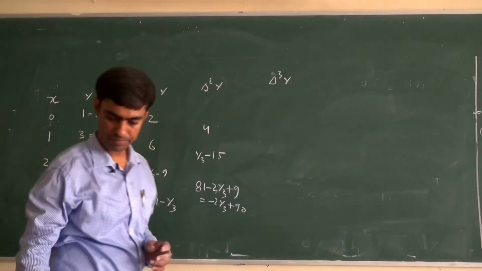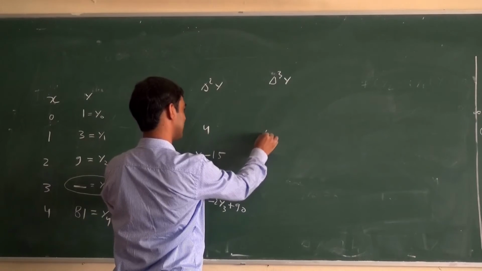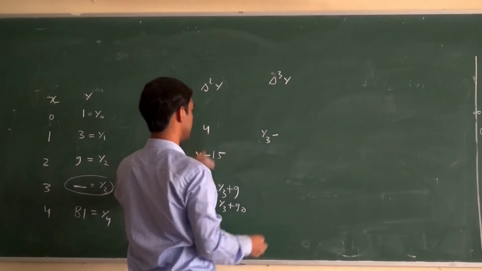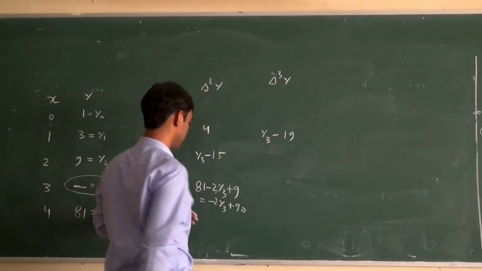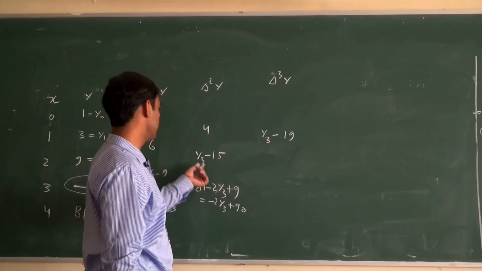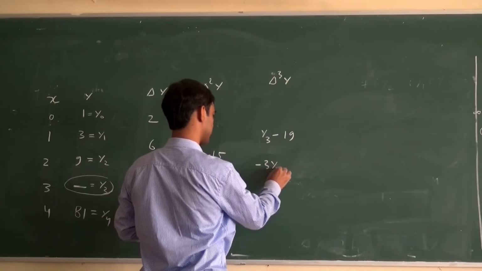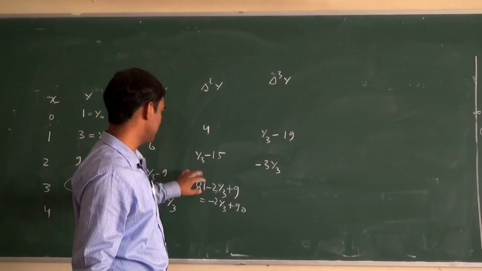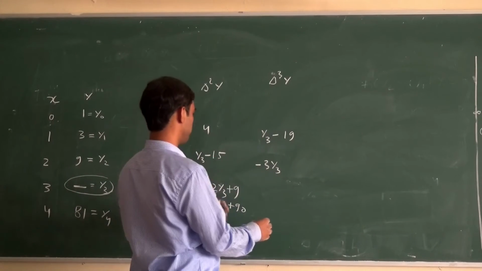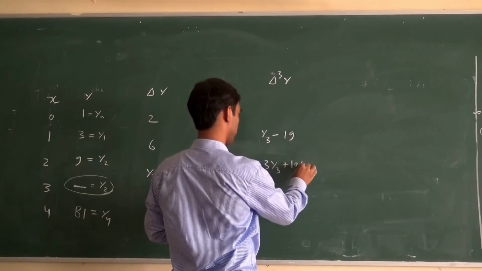It is minus 2y3 plus 90 minus y3 plus 15, minus 15 minus 4, which is minus 19. So this becomes minus 3y3 plus 105.